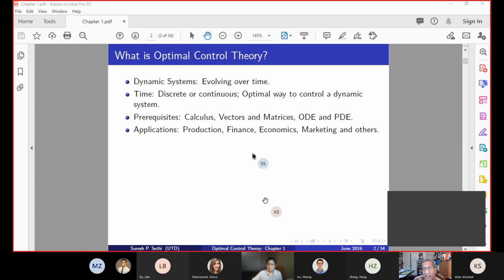I don't require a whole course on them, but a one-year calculus course gives you some knowledge of ordinary differential equations. We will see a little later what I mean by that.